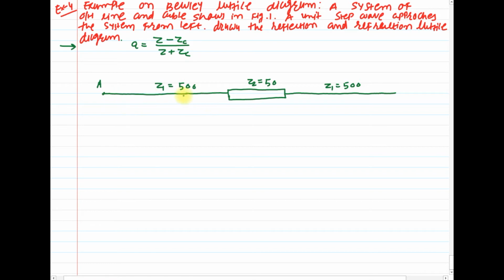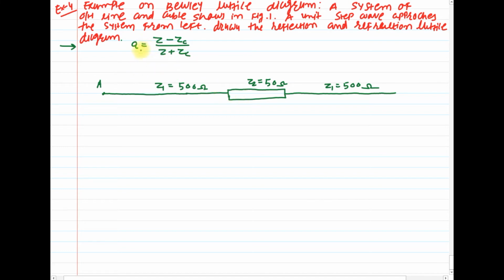One more thing here in the diagram, the transmission line is sectionalized with the cable, and the surge impedance of the transmission line is given as 500 ohm and the surge impedance of this cable is given as 50 ohm. And once again the surge impedance of the transmission line is 500 ohm.